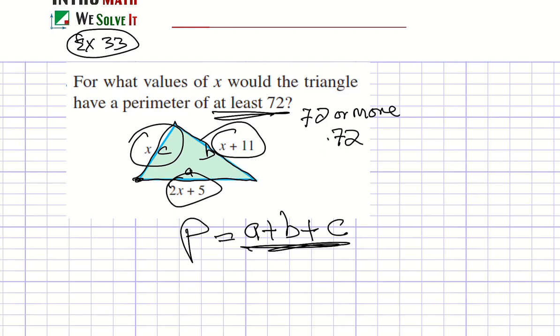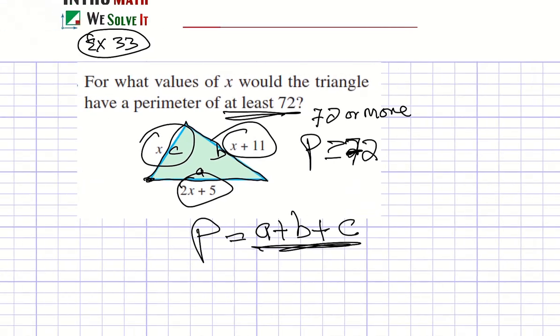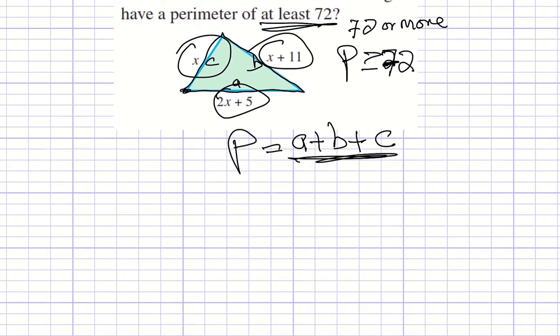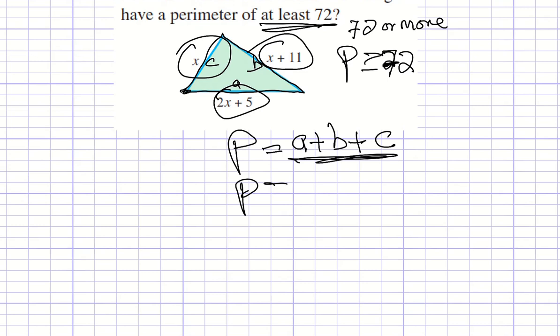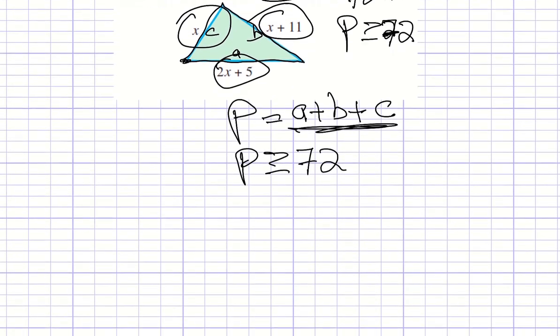That's not my thinking. It has to be that or more, okay? At least. So that means perimeter has to be 72 or more. You see that, right? It has to be at least 72 or more. So basically P has to be 72 or more. It can be 72, but it can be more. That's what it means by at least.